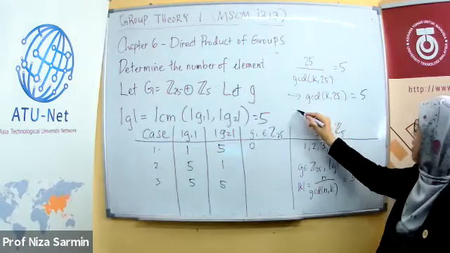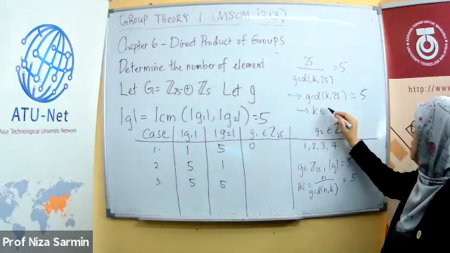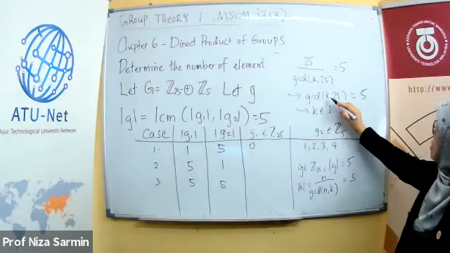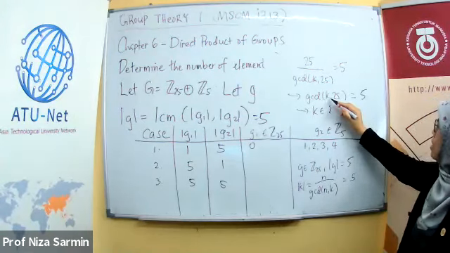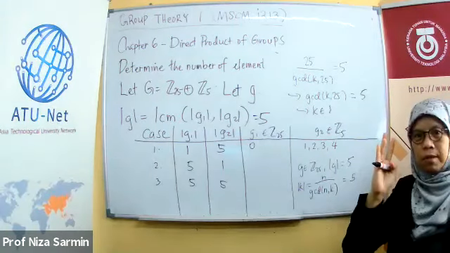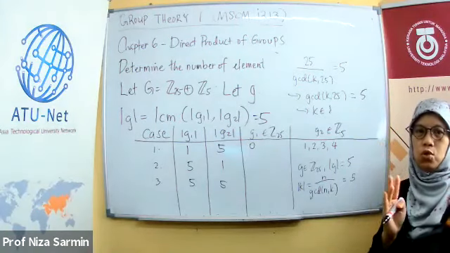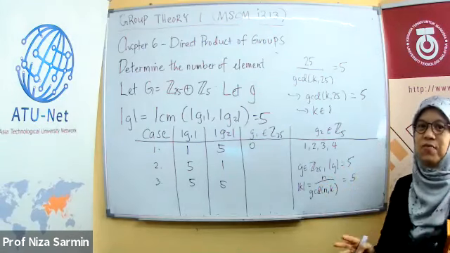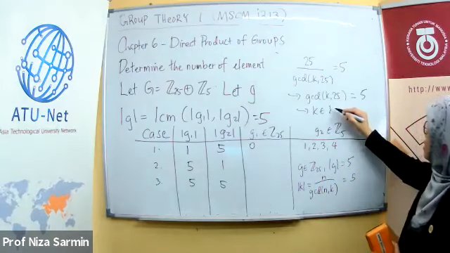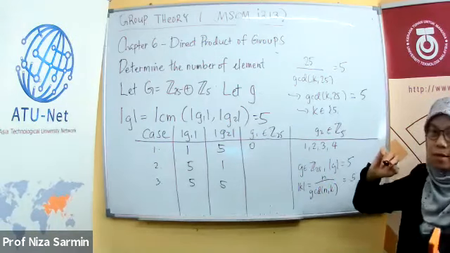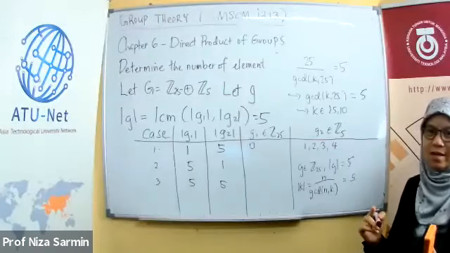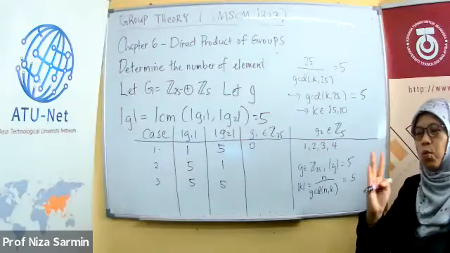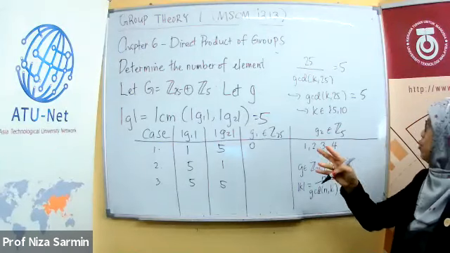Okay, this implies K is, what is GCD? In numbers between 0 to 24, the GCD is 5. That will be 5, 10 with 25, right? 5 is 1 times 5 with 25.